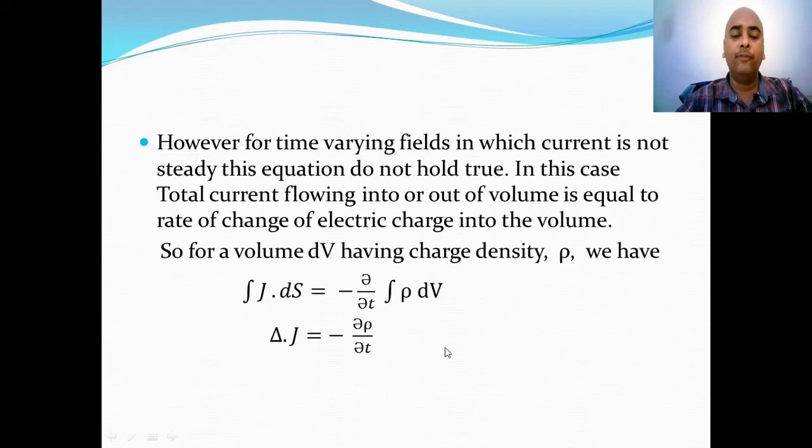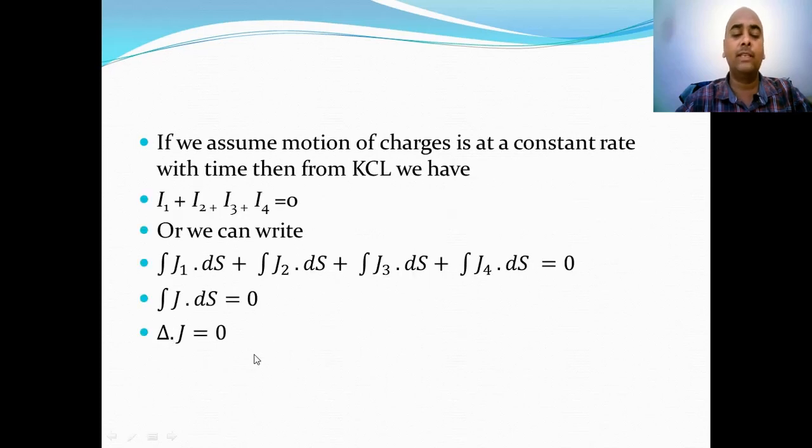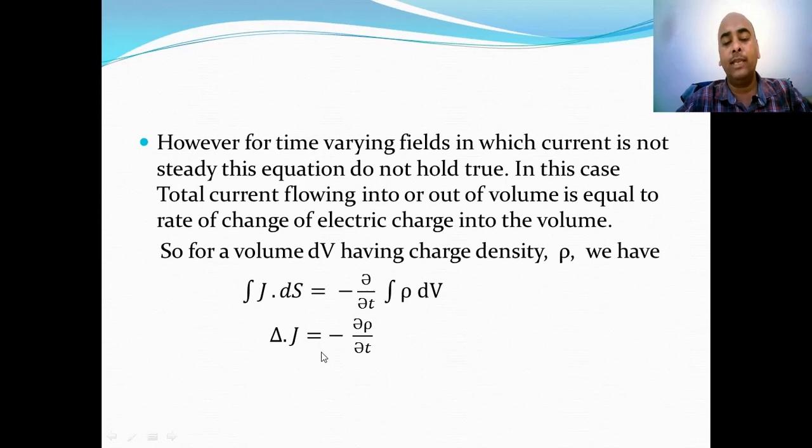However, if the volume is acting as a source or sink, in that case divergence of J is minus del rho upon del t, that is, the rate of change of charges in the volume. So these two expressions, that is, divergence of J is 0 and divergence of J is minus del rho upon del t, are known as the continuity equations of currents.